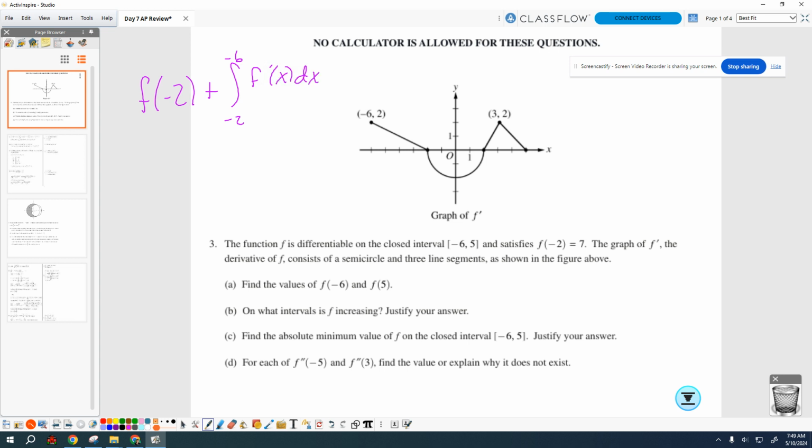And you said 7, and I wrote the f of -2, to be helpful to write it this way, to be like, I know what I'm doing. Anchored down here, this is how much stuff is changing, and that is going to give me f of -6. I think it's fine with the 7 as well, but this is being more obvious.